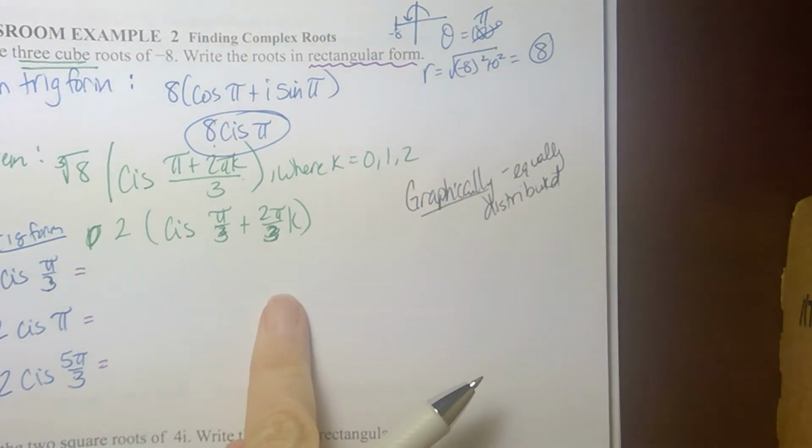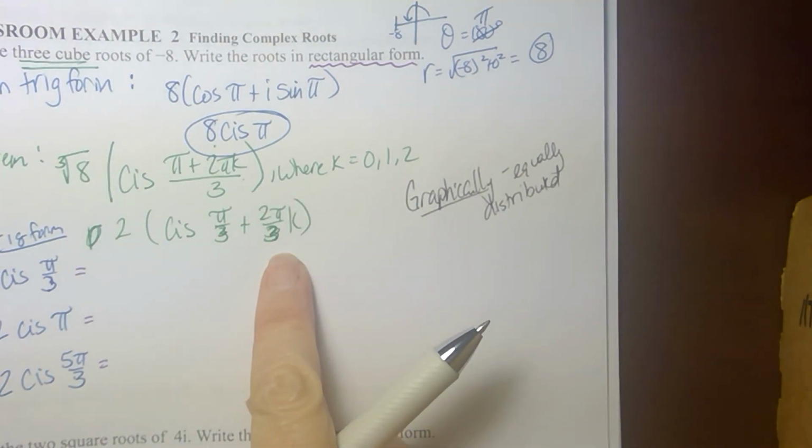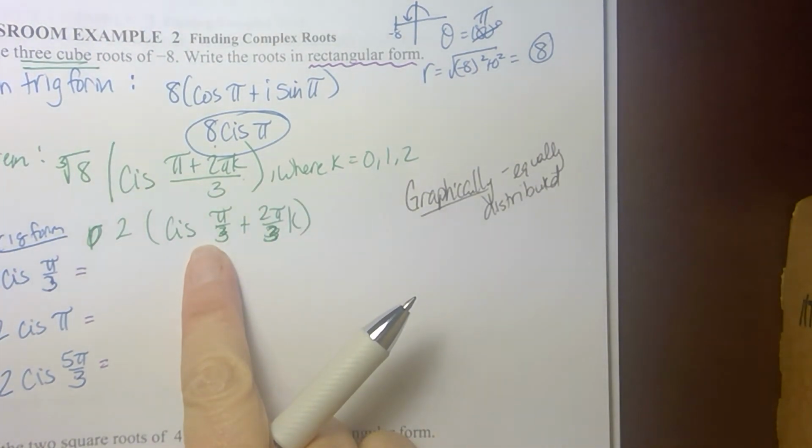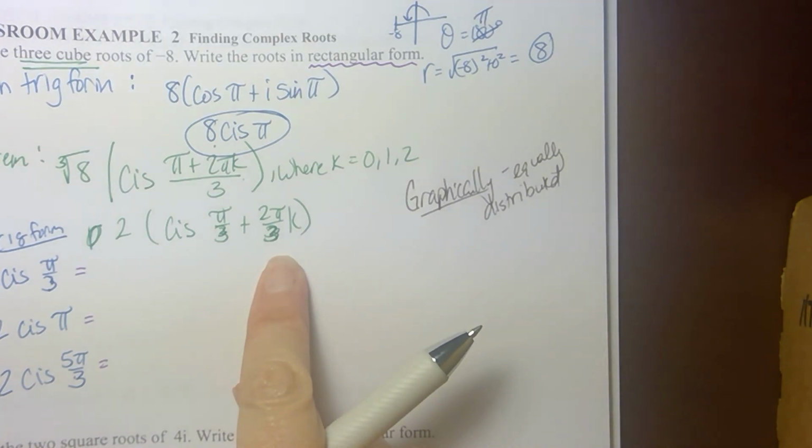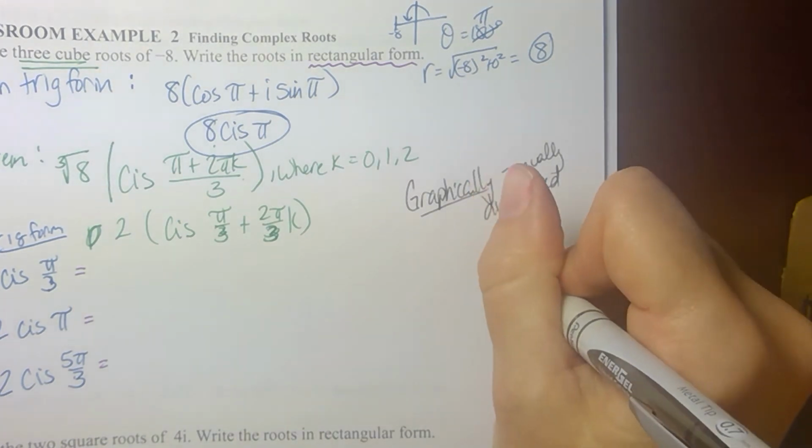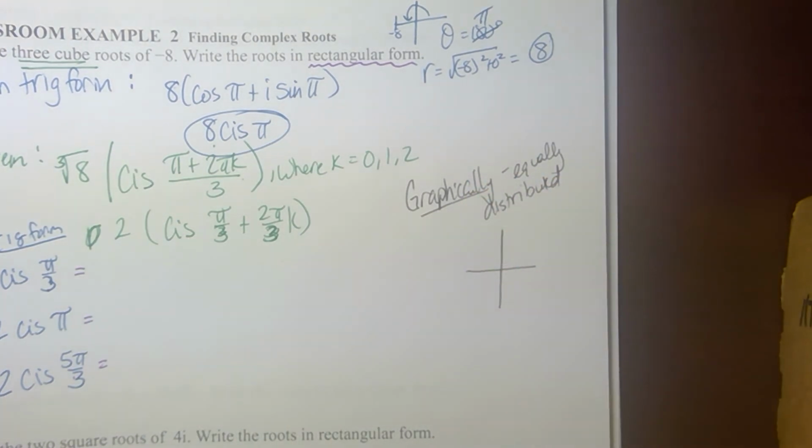How far apart they are is determined right here. This tells you where to start, and this tells you how far apart they fall. We know that we have one real root at -2, correct? We have one real root at -2.